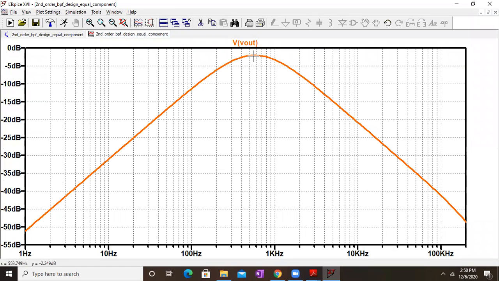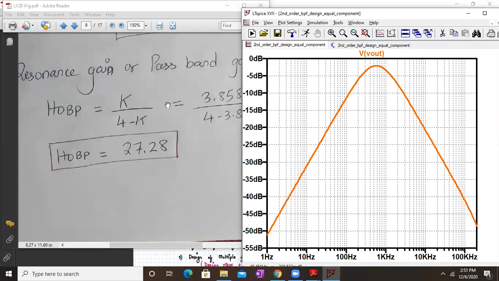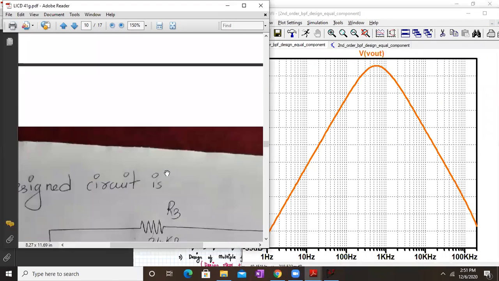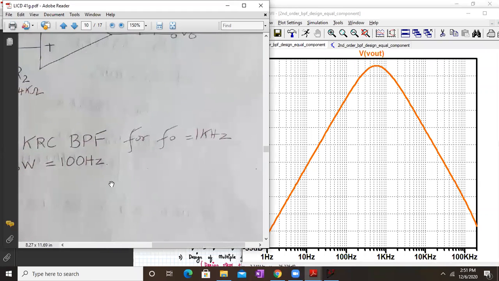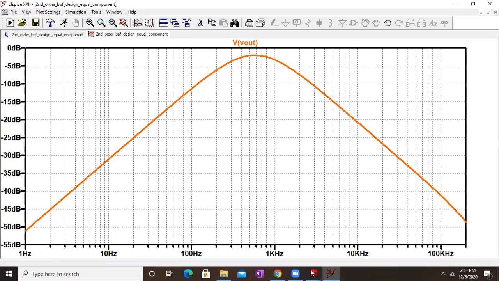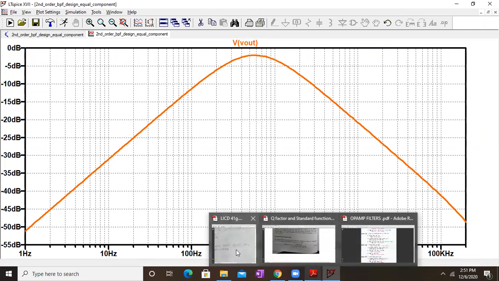Maybe the resonant frequency is not coming at the peak, it's coming a little bit aside. That's fine. We have to go 3 dB down and check the values for the bandwidth range. It should provide a cutoff frequency of 1 kilohertz and a bandwidth of 100 hertz, but I think it's providing a bandwidth slightly different than that. That's okay, but the nature of the response is absolutely correct.